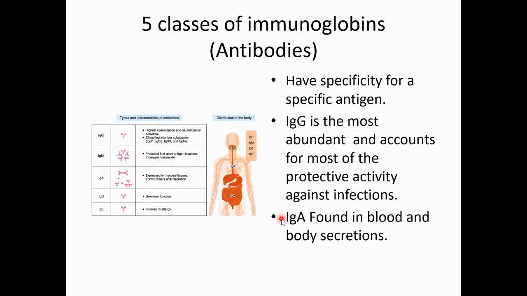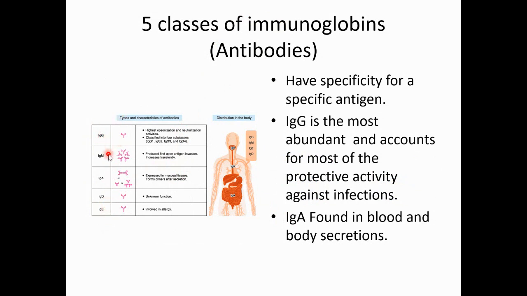Okay, the last slide, immunoglobulins or antibodies. There are five classes. Each of the immunoglobulin classes functions in a different type of immune response to the body's defenses. So these are antibodies that we have in our body that fight invaders.